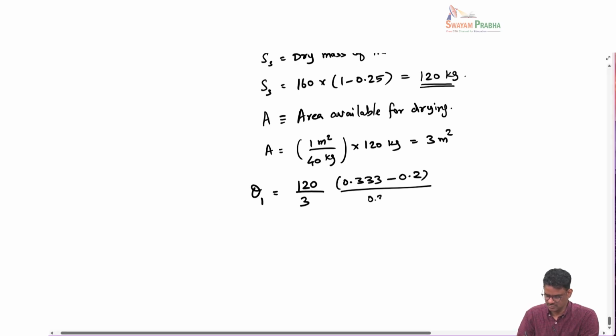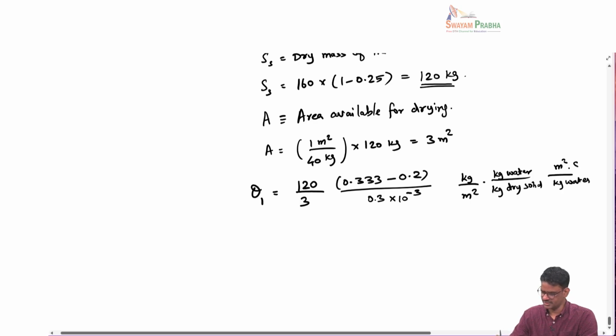So the units are kilogram, meter square, kg water by kg dry solid, and kg water over meter square second.